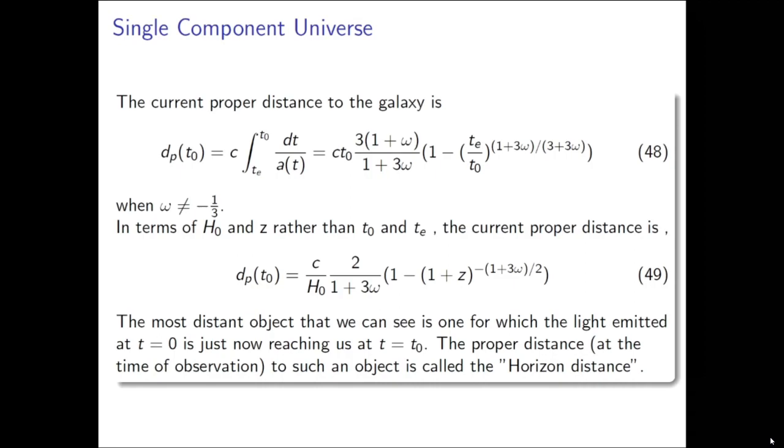So the most distant object that we can see has to be at the horizon distance. Here I'm just mentioning the particle horizon distance. So the maximum distance that we can see is called the horizon distance.